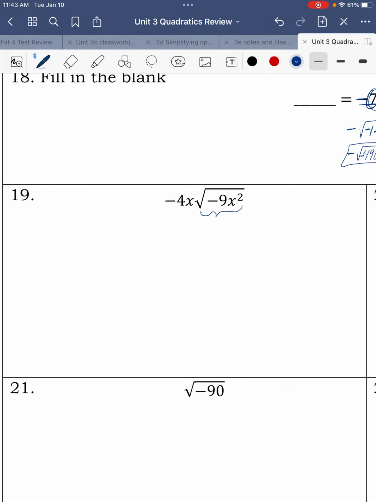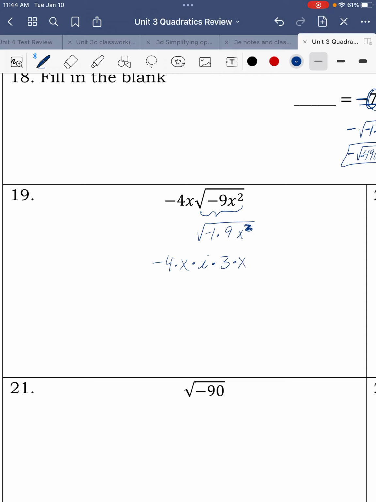All right, number 19. We have the biggest perfect square is 9. That is there. And then x squared, that can be simplified. So you have negative 4 times x times i times 3. And how many pairs can you take out of x squared?